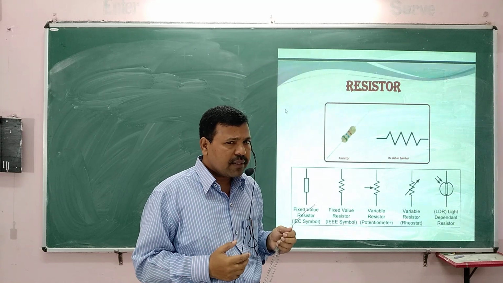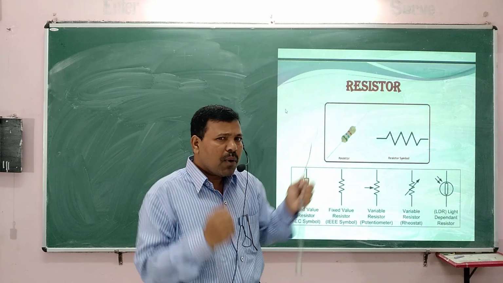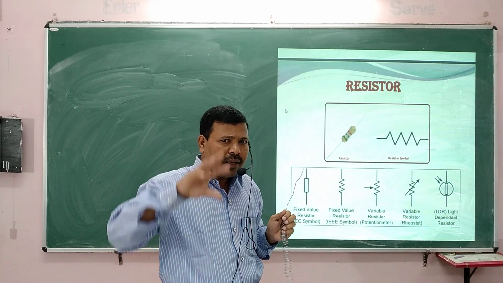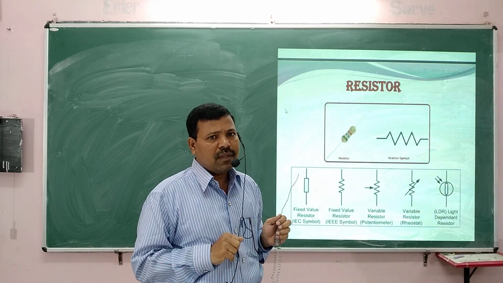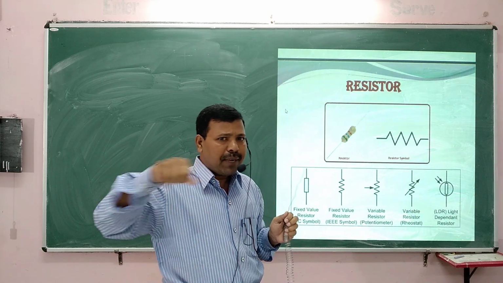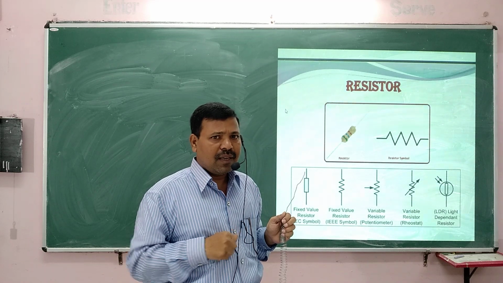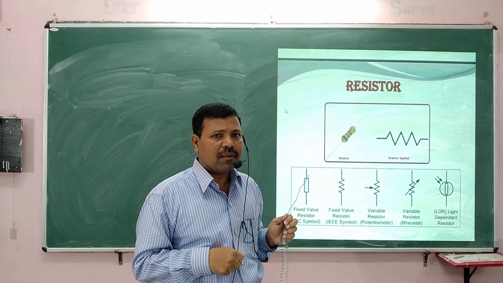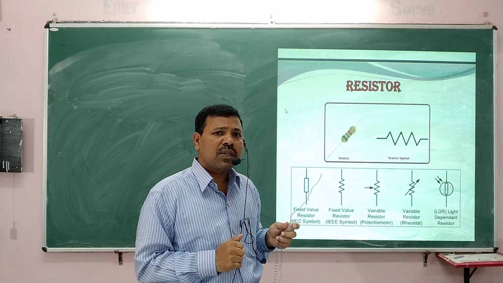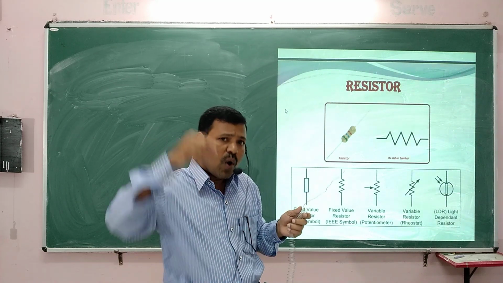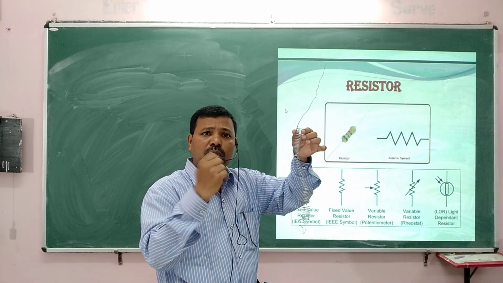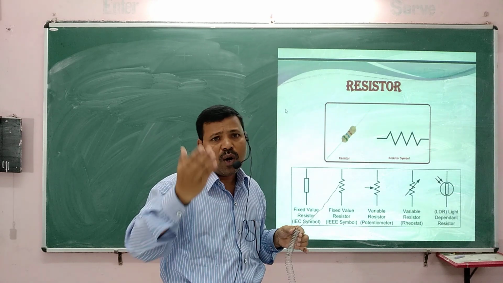As you know, these wire bound resistors are used in certain electrical appliances like an electric stove, a presser, an electric kettle. So such wire bound resistors of a higher range are used, and these are made of alloys.